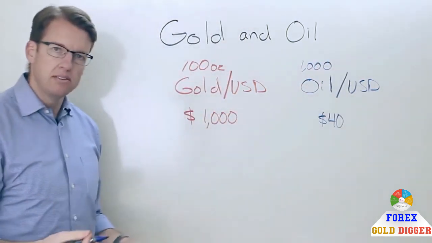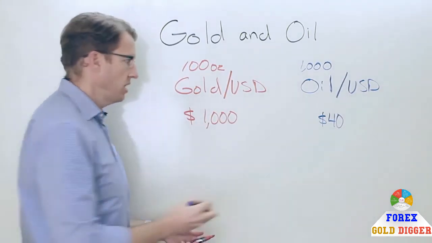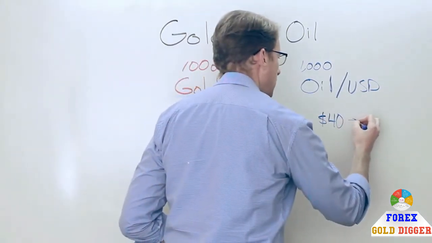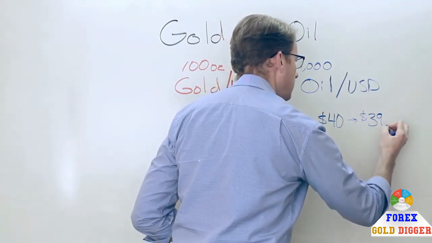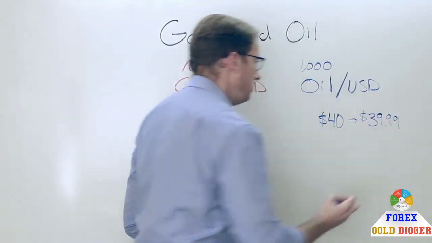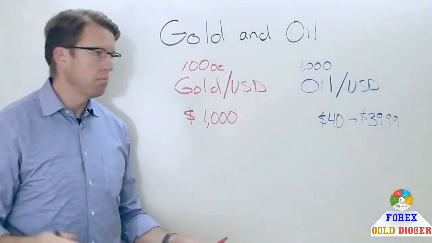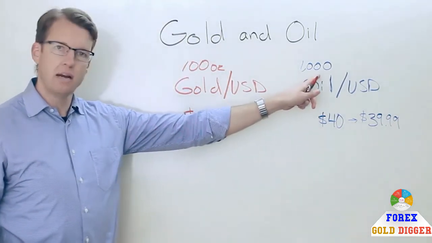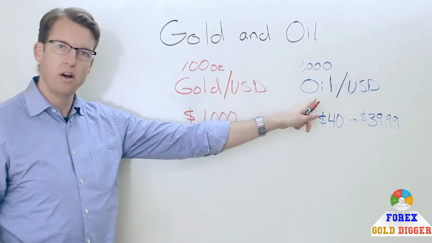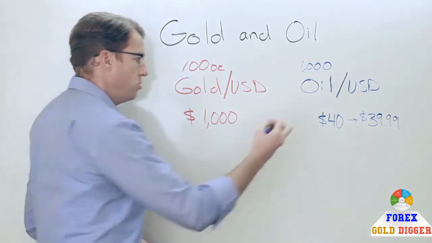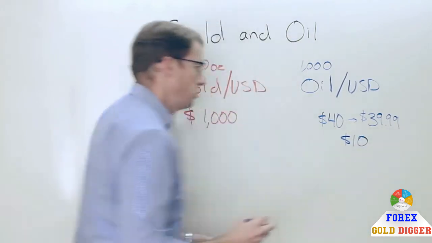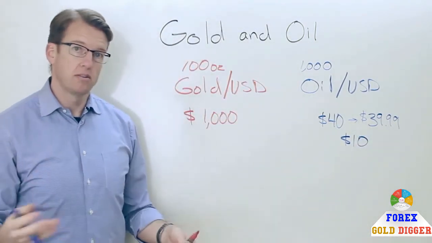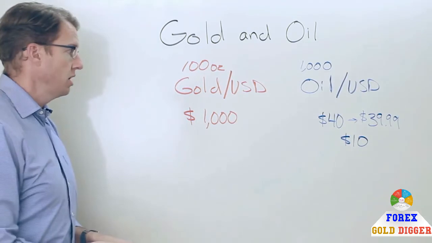So if oil were to go from $40 to $39.99 a barrel, it dropped by 1 penny. Well, 1 penny times 1,000 units on the base side means that move would be in favor of the short side to the tune of $10 per lot, or of course, adverse to the long side for $10.